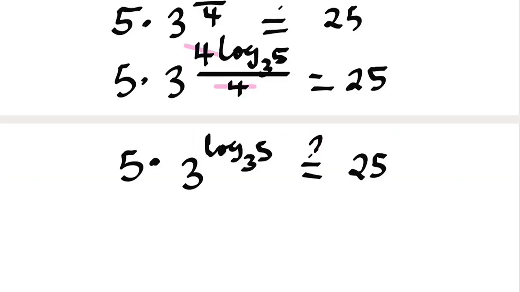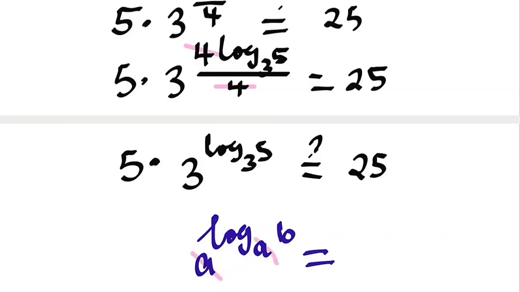The next thing we're going to do is, from the law of logarithm, when you have logarithm with base a of b, the base a cancels, we call it anti-logarithm, and we are going to have our answer to be b.